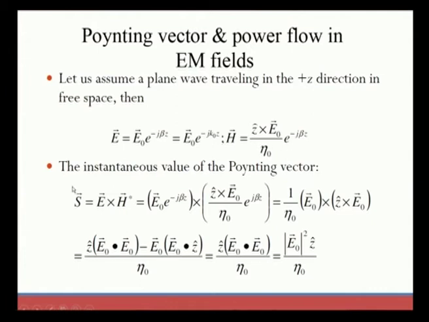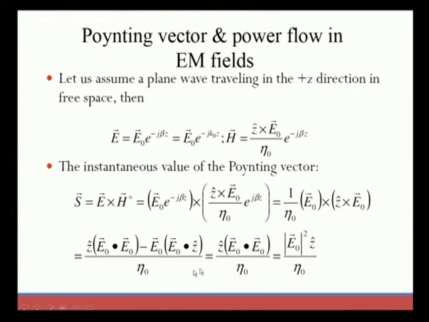So, the instantaneous value of the Poynting vector will be like this. Here we know the E and also we know the H. Substituting these two values we will get this equation, and after that we need to simplify this to get the final instantaneous value of the Poynting vector.